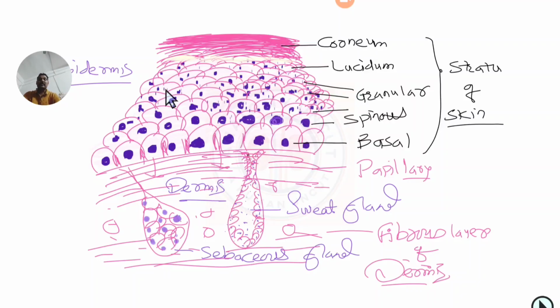Understand? Now this much idea you should have: the presence of the epithelium on the surface and the derivatives of that epithelium, which we have shown here as a few of the glands located in the dermis. The dermis has the papillary and the reticular or fibrous layer.